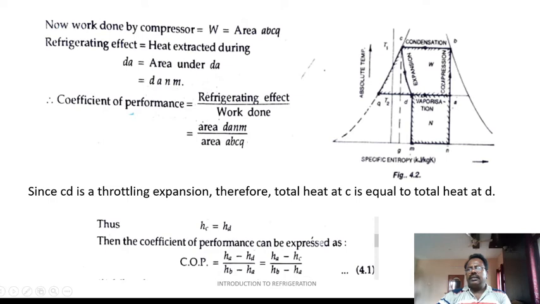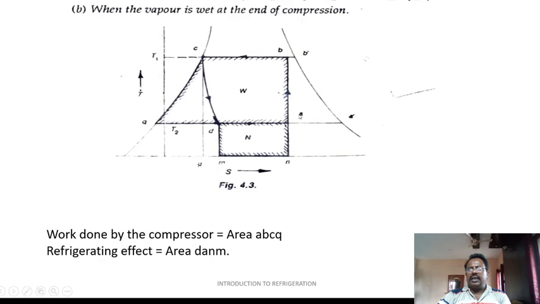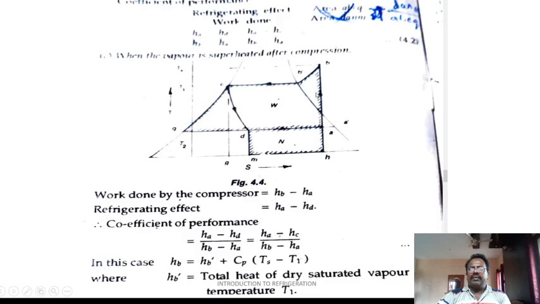And here in this case, if the vapor is dry, it will fall on this line only. So this is the actual process which is taking place when it is dry. In the second case, when the vapor is wet, it will fall below, in the wet region. And in case of supersaturated region, this will be shifted to here.